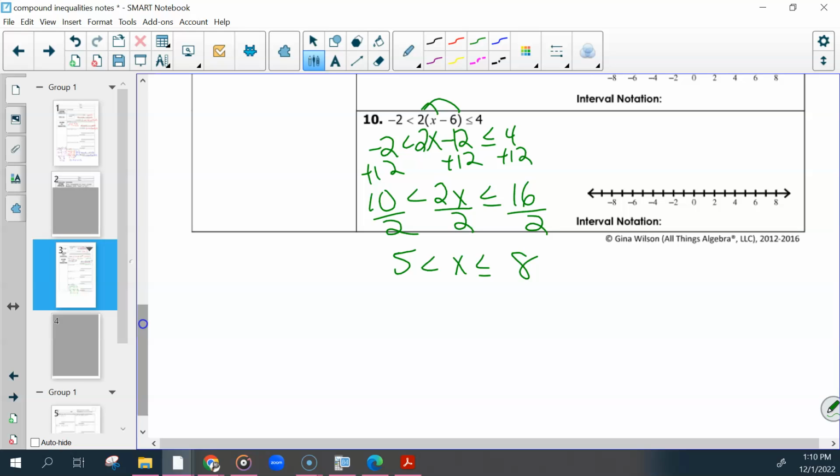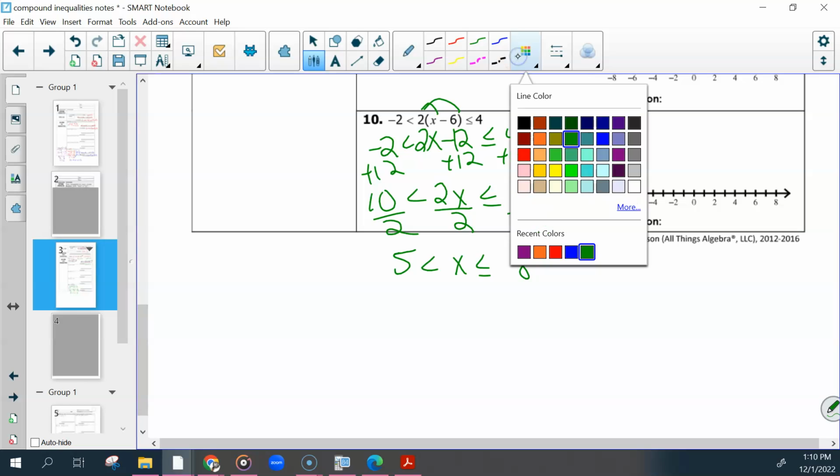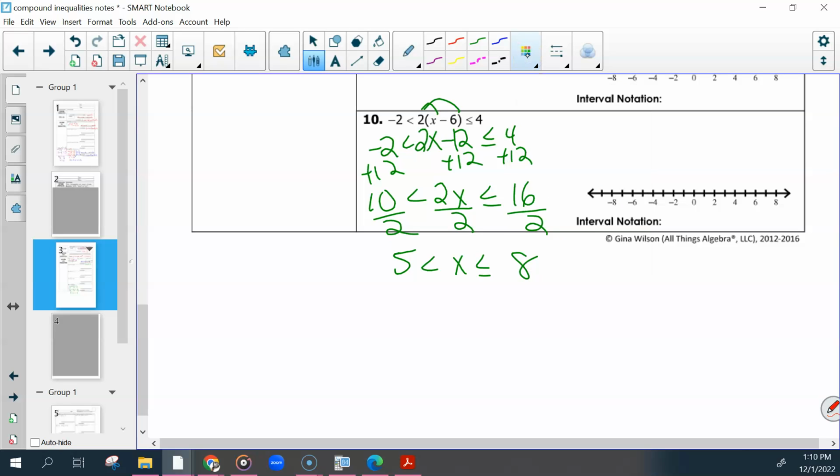Before we graph this and find the interval notation, I just want to point out something else. What would happen if this was negative? I'm going to do this off to the side just in case you see this. So I'm going to use this but change the middle to a negative. I would still divide everything by negative 2. So we have negative 5. Then all the signs would change.